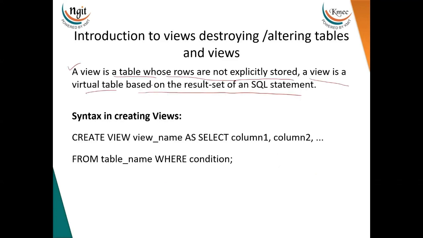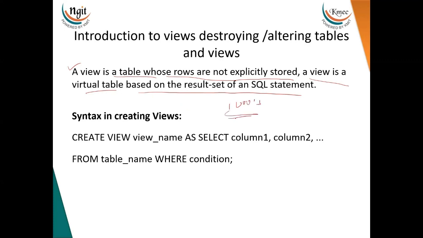A view is generated to show the information that the end user requests, according to the specified needs, rather than complete information about the table. That means whenever the user would like to retrieve data from a table, assume that the table contains 1,000 columns, right?